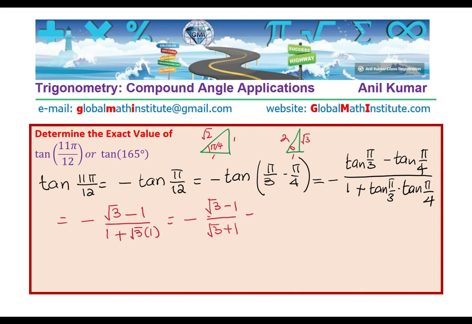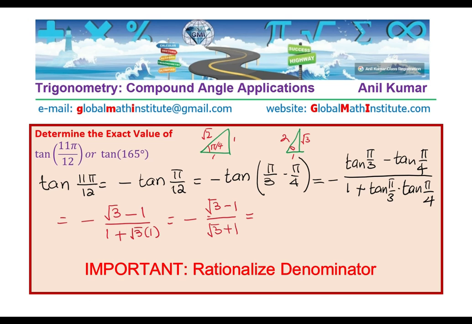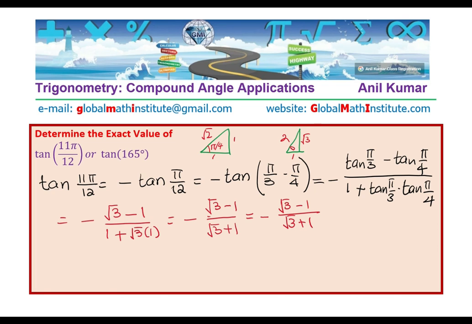Let's keep this minus. Now, the important thing here is to rationalize, right? So rationalize means you multiply and divide by the conjugate of the denominator. So we have square root 3 minus 1 over square root 3 plus 1, multiply and divide by square root 3 minus 1.